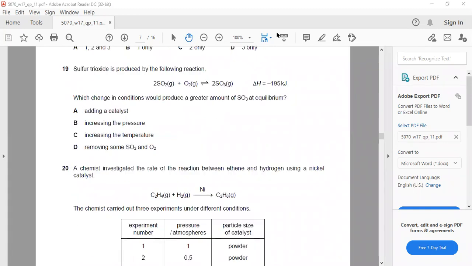This is about reversible reaction. Question 19. Greater amount of sulfur trioxide. Which change? Catalyst never affects the product. Removing some sulfur dioxide means the equilibrium shifts backward.